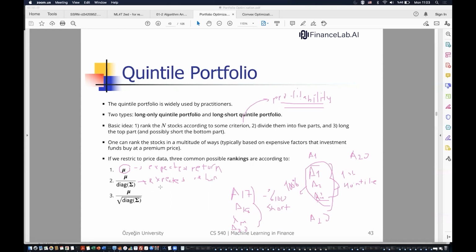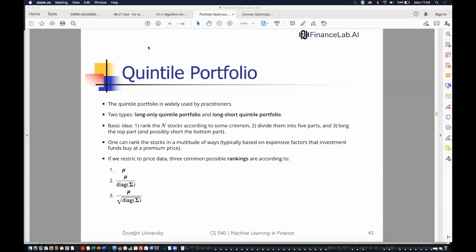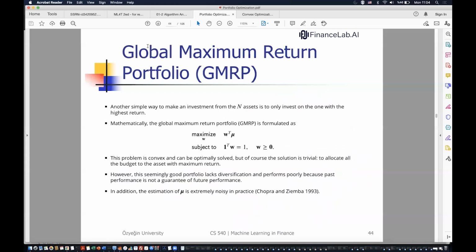Both of these expected return and expected covariance are made up of historical matrices. And lastly, again expected return, but it will be expected volatility, which will be another signal to rank these stocks. And this is the quintile portfolio.